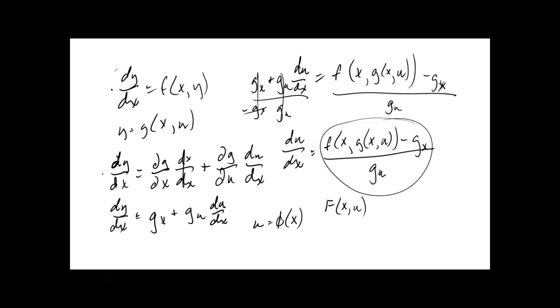And that last equation, then the solution of the original differential equation is y equal to g of x and phi of x. And in my mind, why not still call it u of x? As we already said, it's a function of x. But no, they are now calling it phi of x. They can change the variables as often as they wish. It doesn't really matter.